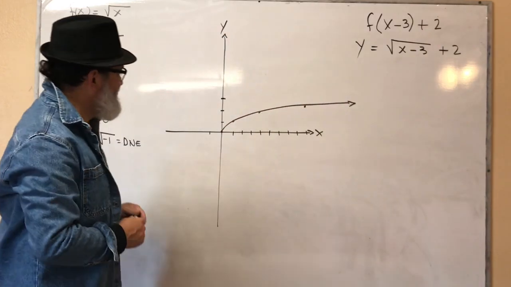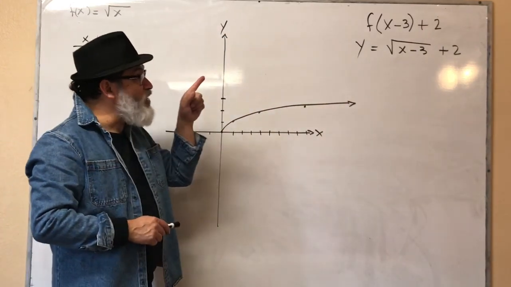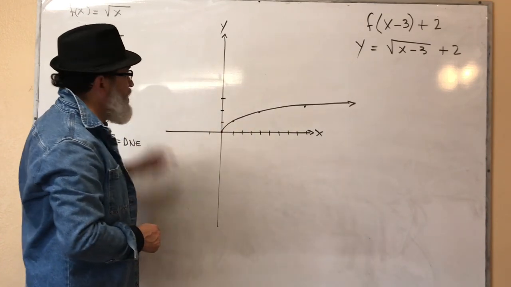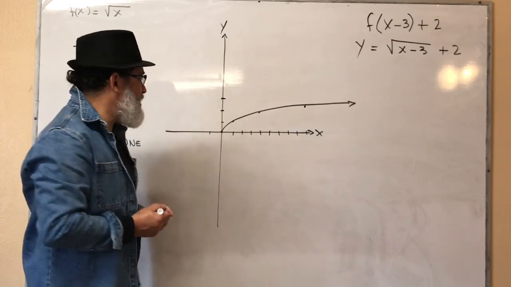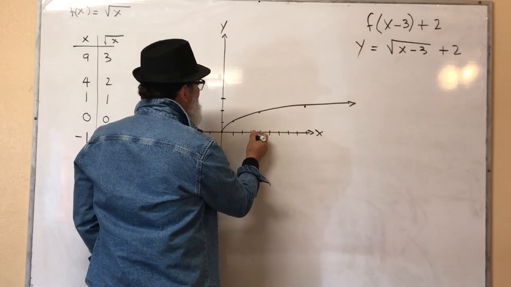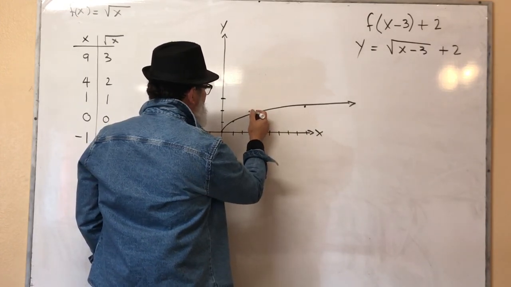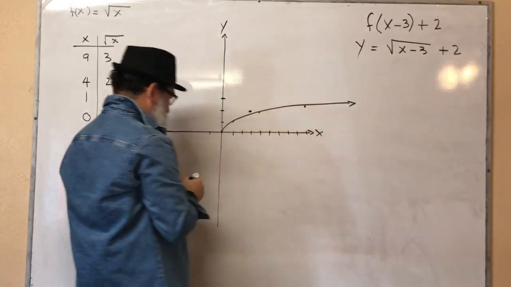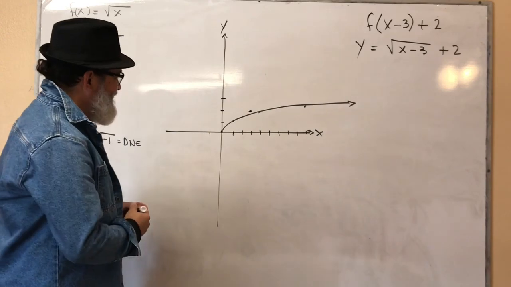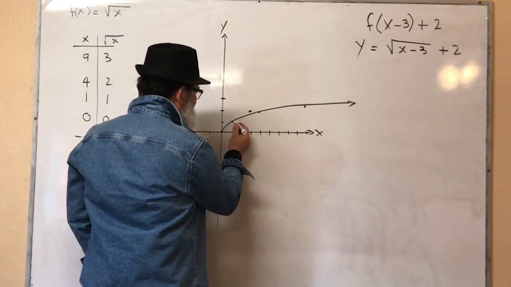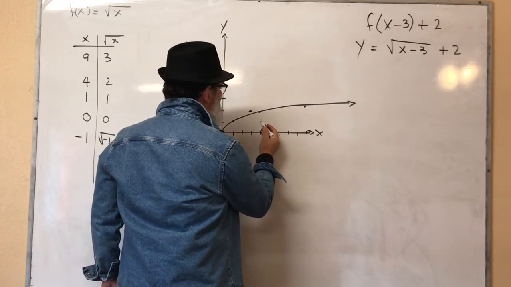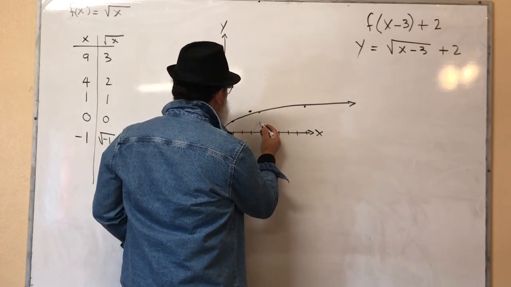Okay? So that y refers to this square root, which is right there. 3 units to the right, 1, 2, 3, and 2 units up, right there. So this point moved there. The next point, 3 units right, 1, 2, and 3, and 2 units up.